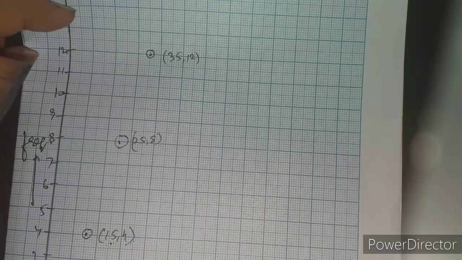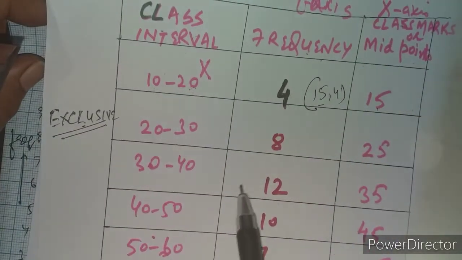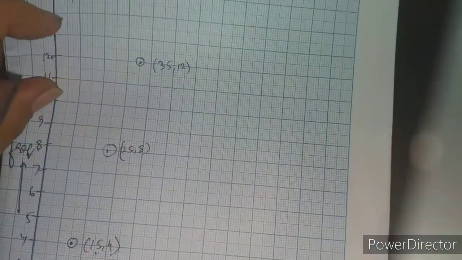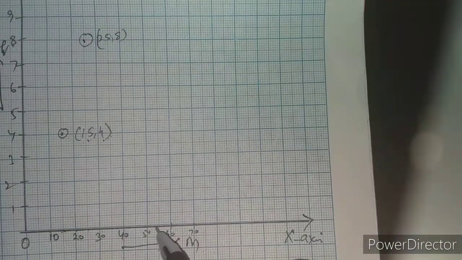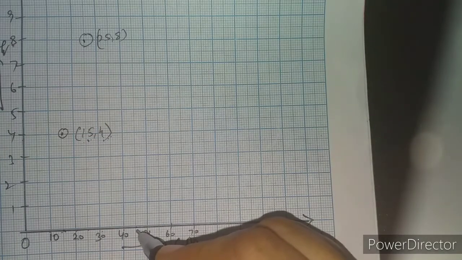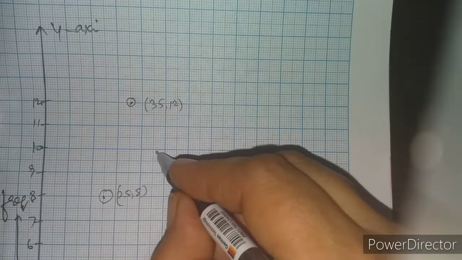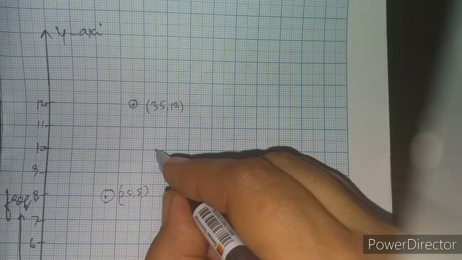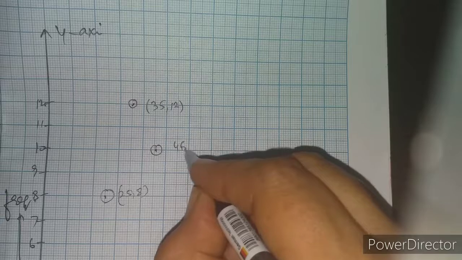Next one is, see here again, 35, 12 I have plotted, then comes 45, 10. Okay, so 45 on x-axis I will see, 45 will be from 40 to 50, exactly mid, and against that I have to plot 10, right? So 10 is here, so this is that point. Okay, 45, 10.